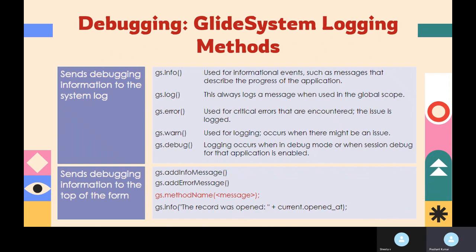Now you can see the various debugging or glide system logging methods. These send debugging information to the system log. These are the methods we use to send our information log to the system logs: gs.info, gs.log, gs.error, gs.warning, gs.debug.